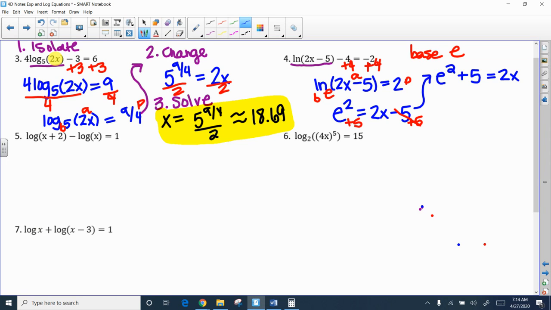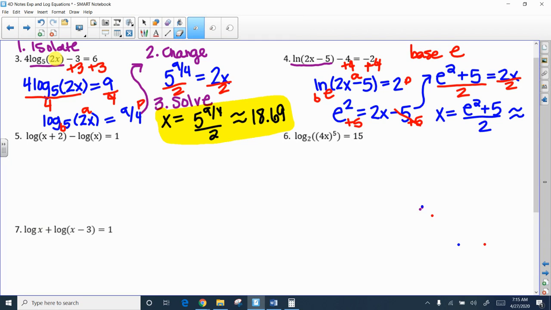The x is still not quite by itself yet, so I'm going to divide by 2 to get the x by itself. And notice I put this entire expression over 2 right here. So now we have x equals e to the second power plus 5, divided by 2. Okay, so that is one way to leave our answer.